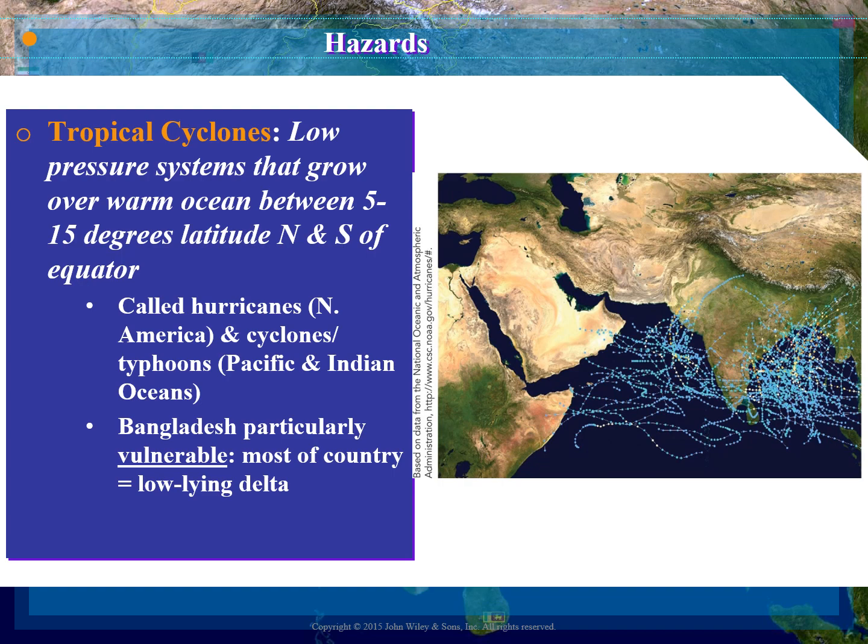So Bangladesh is particularly vulnerable to those hurricanes because it's such a low-lying country. It's on the coast, and again, very densely populated. I'm going to show you some images of that when we talk about the human geography of the region, but that area is very densely populated, so tons of people are impacted when we have these tropical cyclones happening.